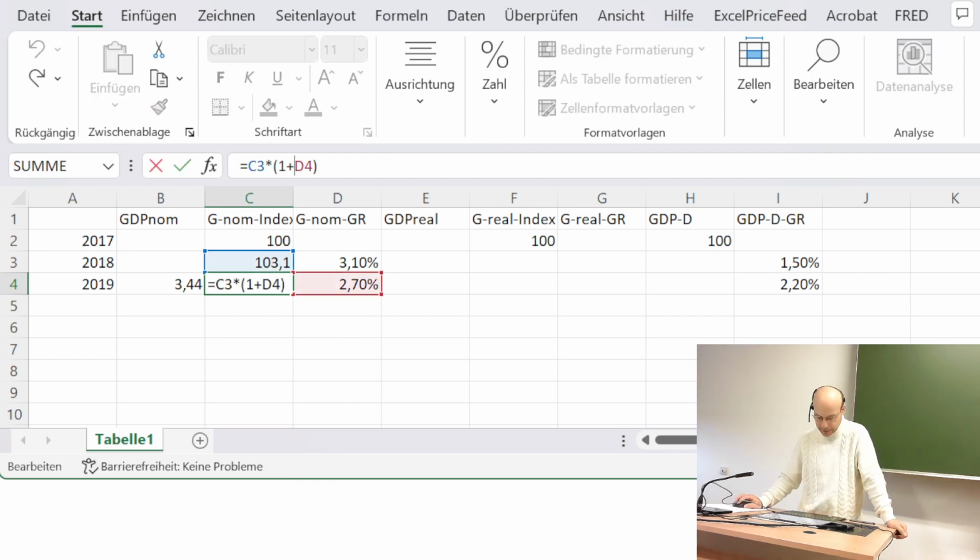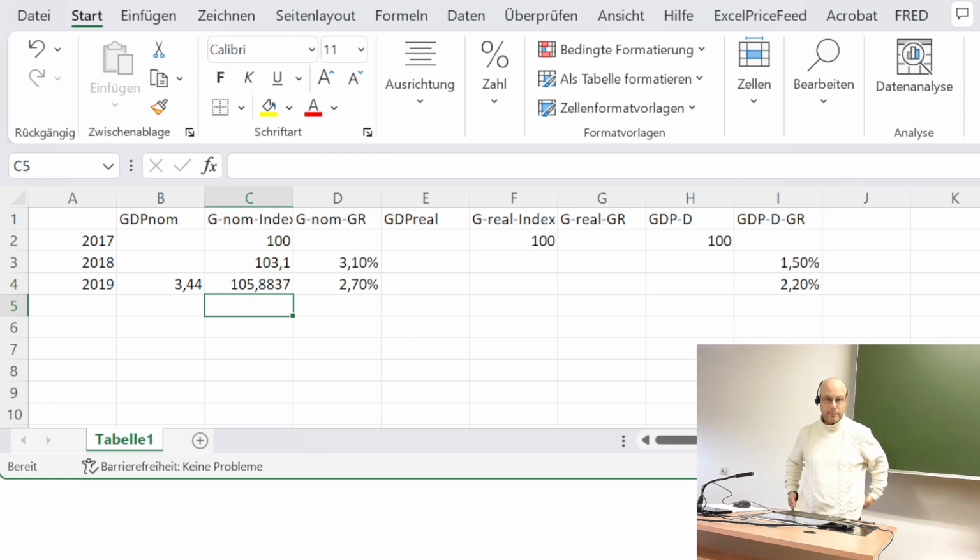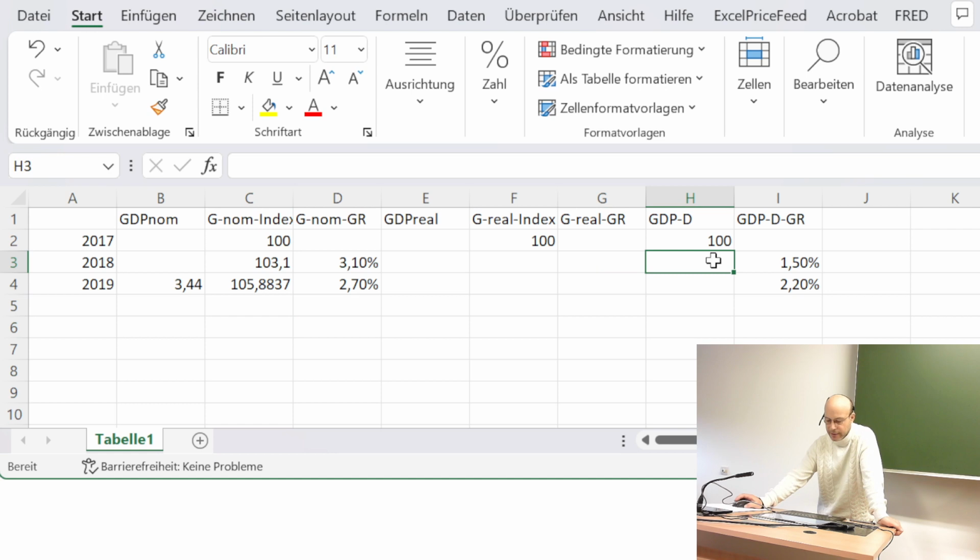And if you're clicking in here, then you see that the two cells which you are combining are also highlighted. So we just here calculated 103.1 times 1 plus 2.7%. And the same we can do with the GDP deflator. There we also have the growth rates. So what do we have to do here for the GDP deflator?